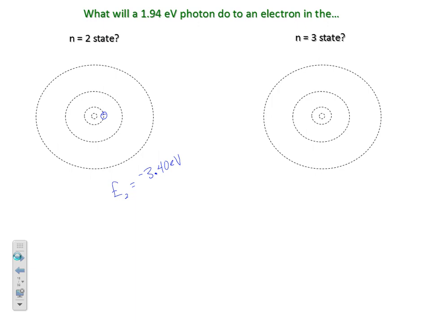So what would a 1.94 EV photon do to that? Well, it would change the energy to negative 3.40 plus 1.94, which gives us negative 1.46 EVs.